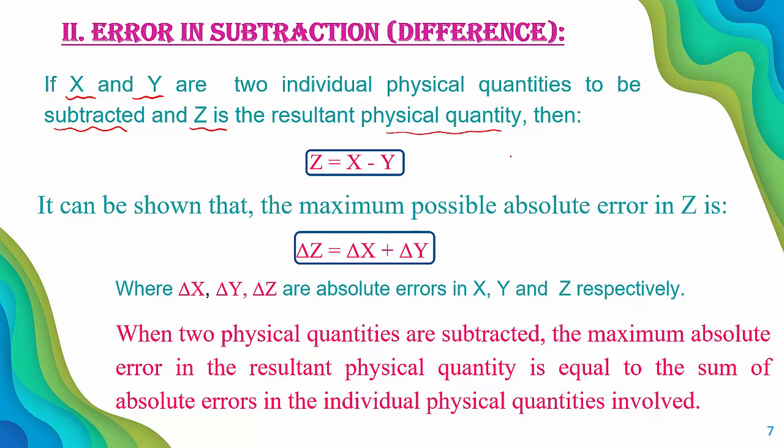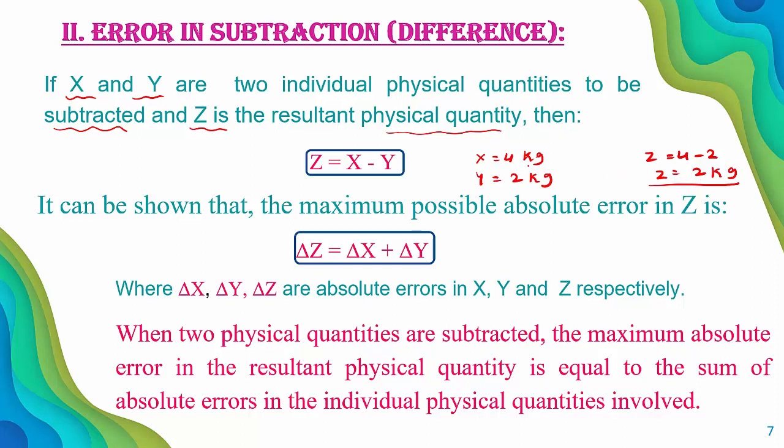That means if I take x equal to 4 kg, y equal to 2 kg, then z equal to how much? 4 minus 2. We will get 2 kg. So this is the value of z. It can be shown that the maximum possible absolute error in z... So how to find the maximum absolute error in the resultant quantity?